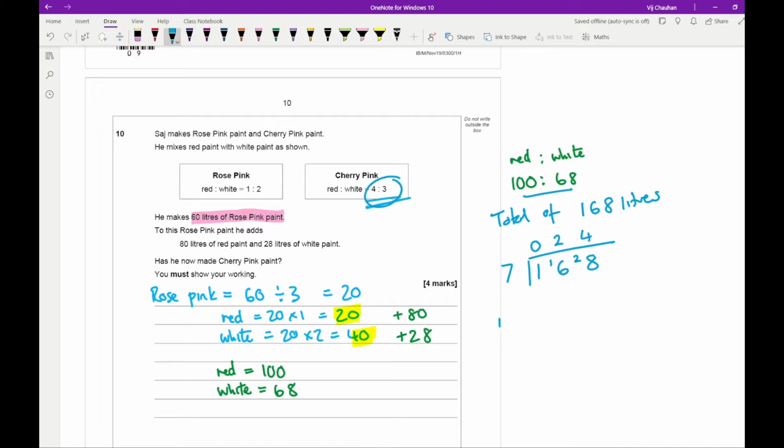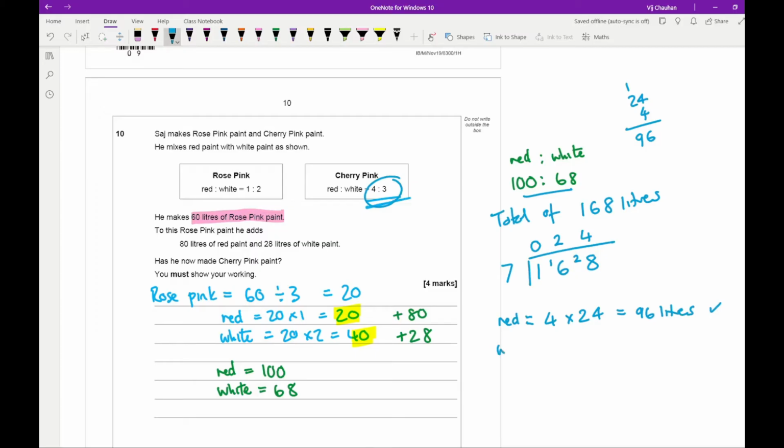So then to work out if I'm going to have enough, so for the red paint, it's going to be 4 times 24, which gives me an answer of, if I just quickly work that out, 96 litres, which compared to the 100 litres of red paint, which is fine, so I'm going to have enough for that.